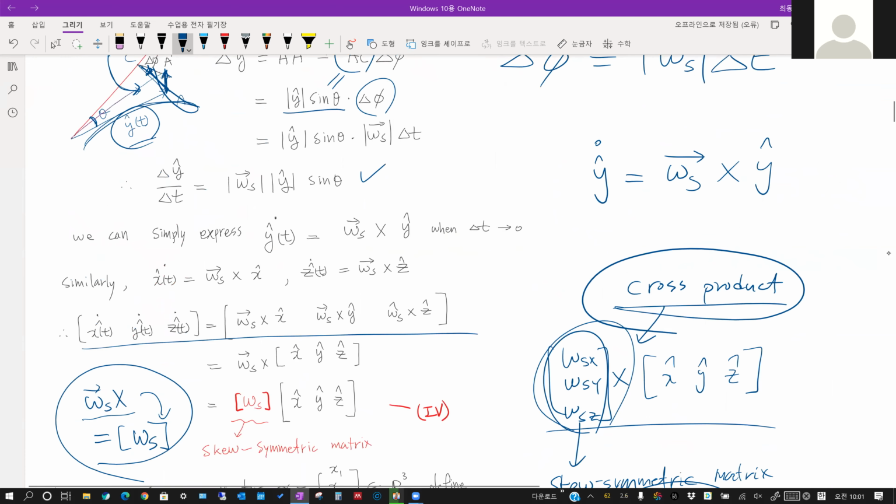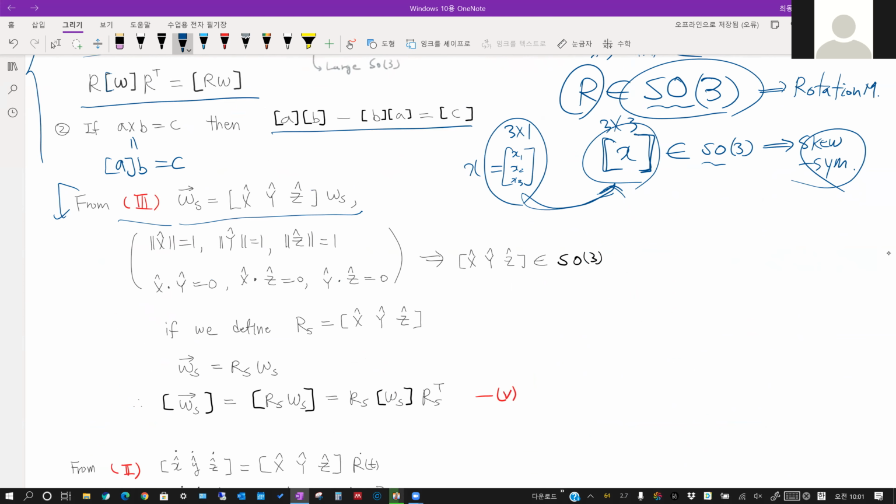In this equation we have the x, y, z unit vectors, and this is the orthogonality, because the fixed frame is made of unit vectors and follows the rule of our coordinate system.